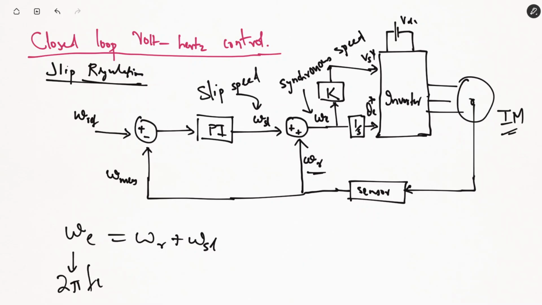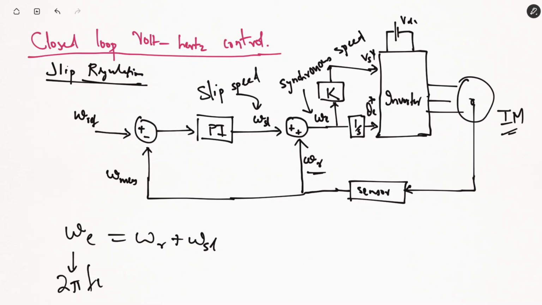In one case we are in open loop, where we are not sensing the speed. In the second case we are using a closed loop strategy wherein we are sensing the speed of the induction motor as well. So in both cases, we are only focused on speed control of the induction motor.